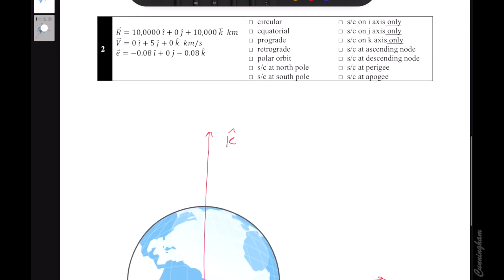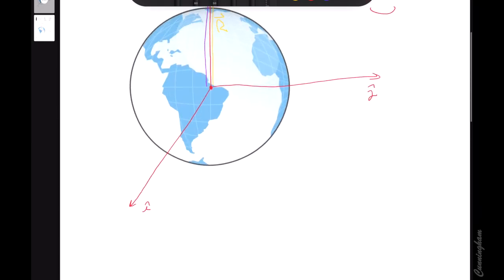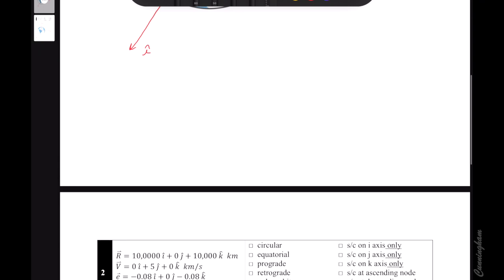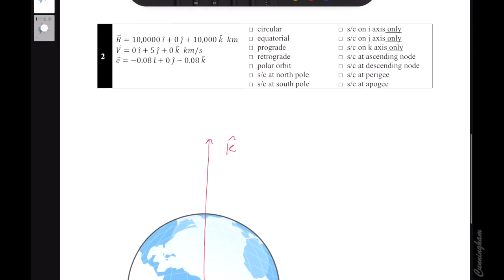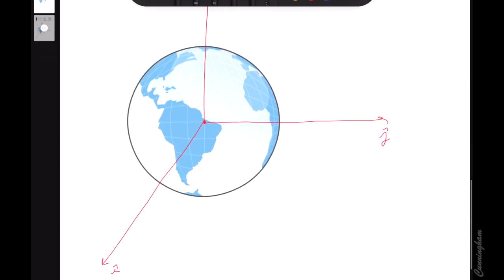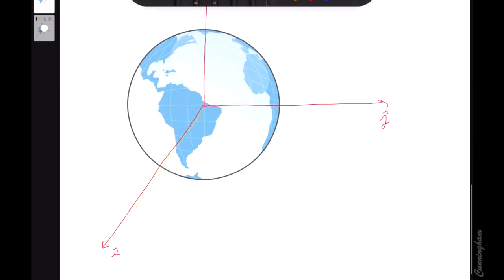Now, we don't have quite the same situation we had before. The R vector, which I used yellow for, I'll keep consistent. The R vector is something positive in the I hat, something positive in the K hat, and nothing in the J. So what does that look like when we draw it out? Lots of positive I hat, and then also lots of positive K hat.